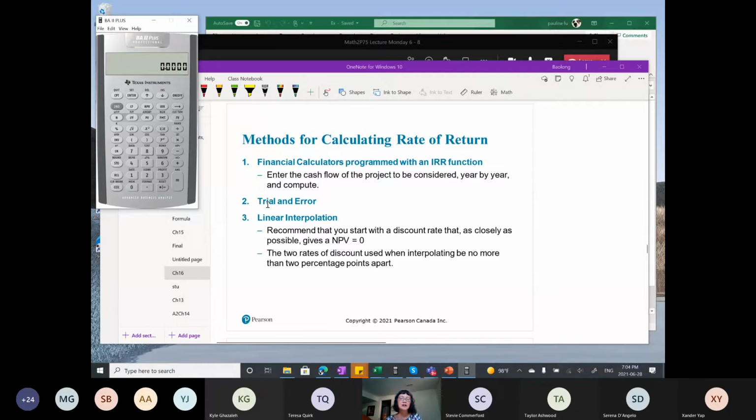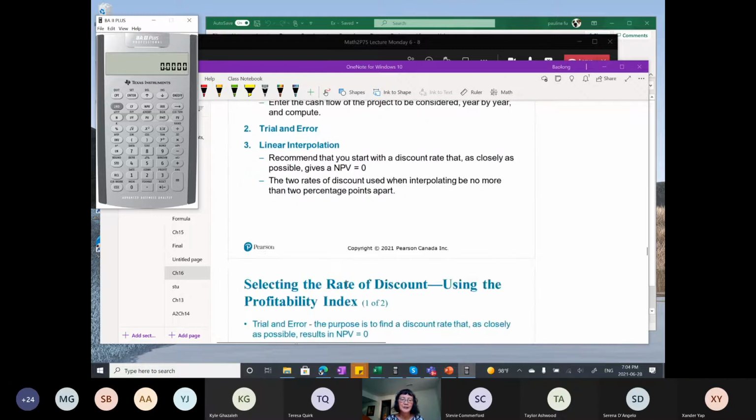You assume a number to start off, and then you narrow down the internal rate of return. The third method is linear interpolation. So there are 3 methods.